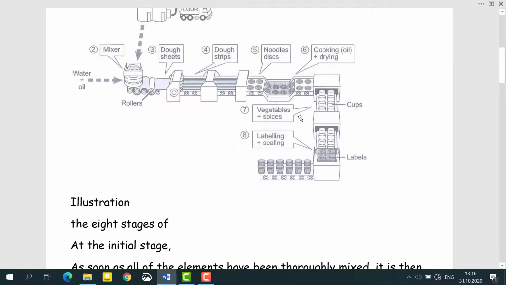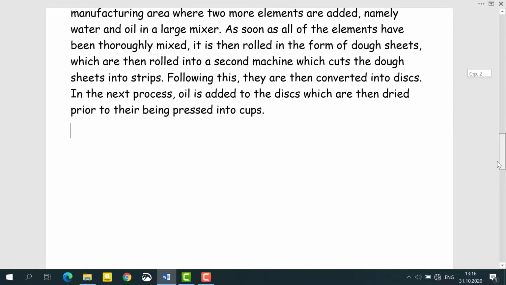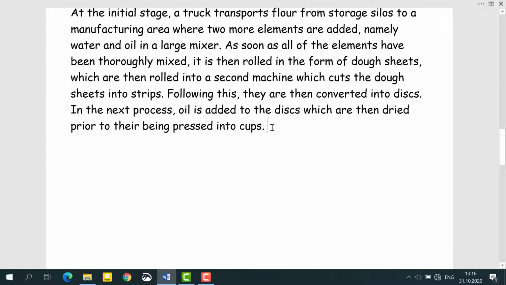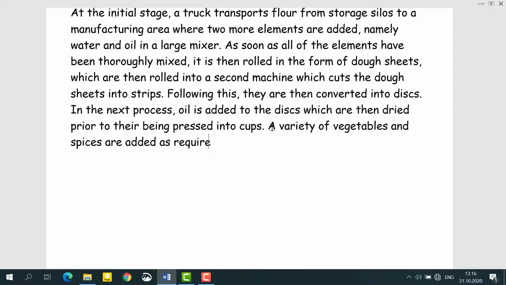So here we have vegetables and spices. Okay. Now, a variety of vegetables and spices are added as required.